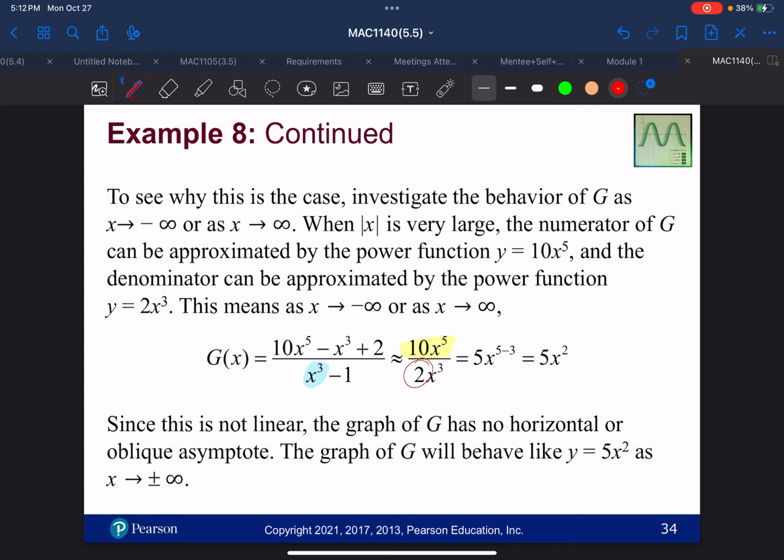Right here. I feel like it shouldn't be there. So I'll have to come back to that.